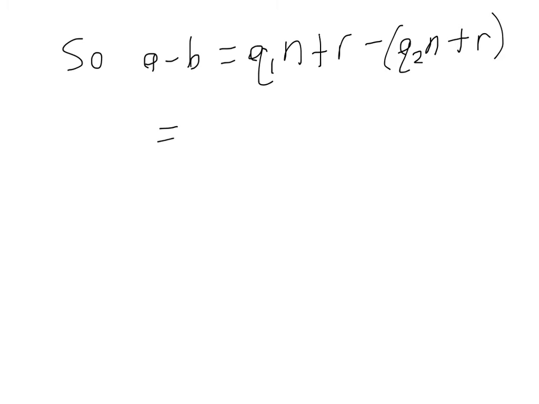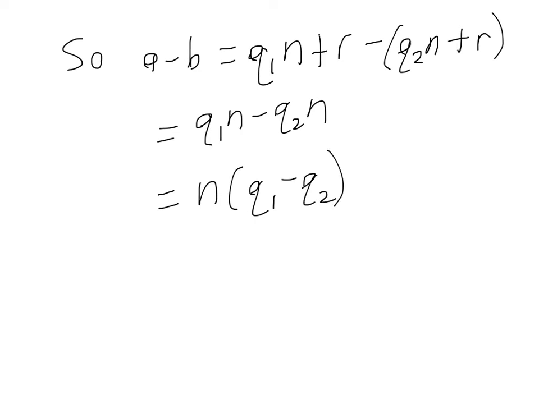And that's going to equal q1n minus q2n, which is n times q1 minus q2. So that's of the form n times some integer. So therefore, n divides a minus b.